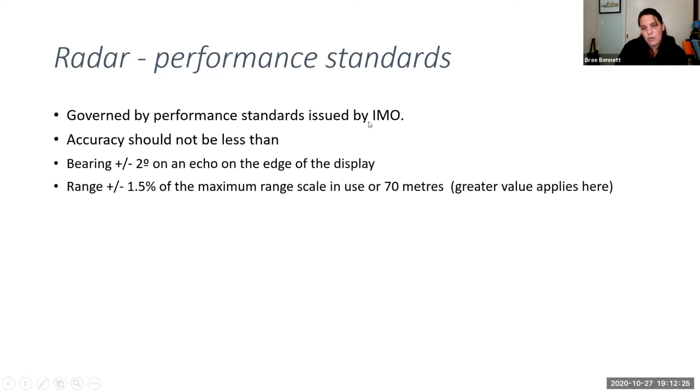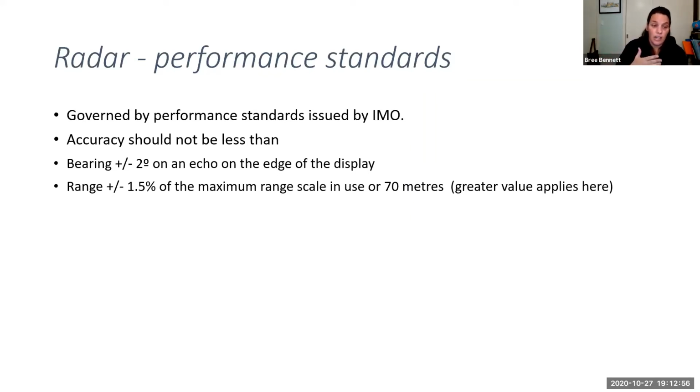I guess this is where I'm a little bit unsure. If you are not required to have a radar on board and you just have one because you want one, does your radar have to meet IMO standards? I'm not sure. Depending on what type of vessel you are on and whether you're required to have that radar on board, you might have different standards.